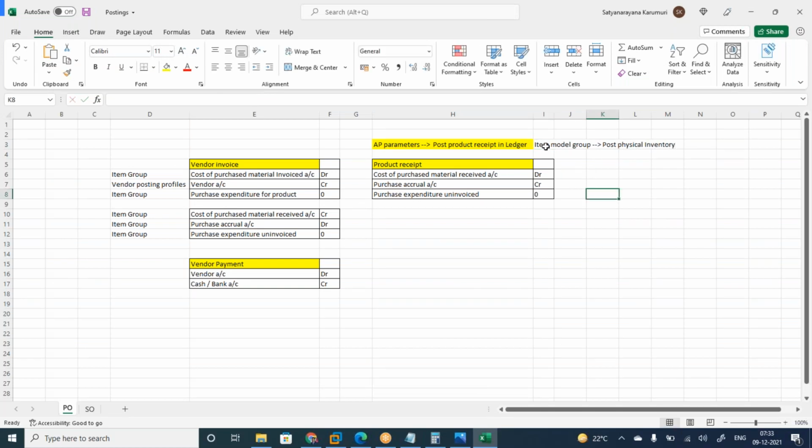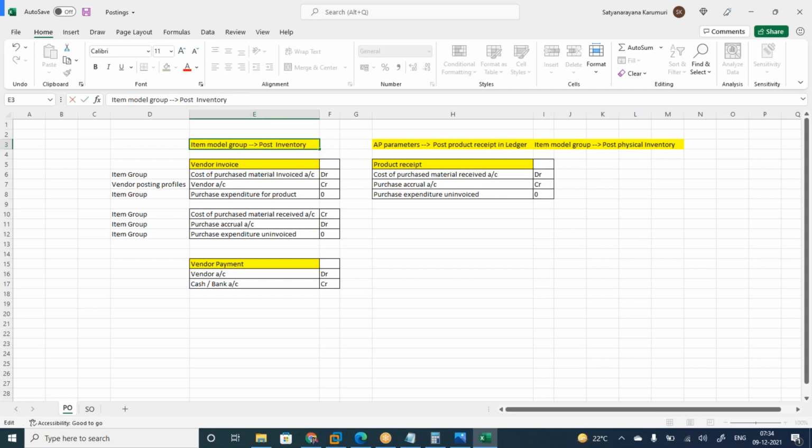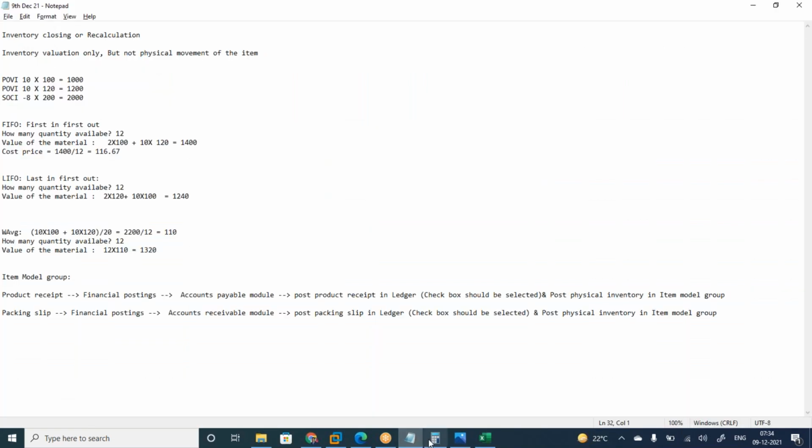This checkbox also should be selected. And if you want financial postings, then post financial inventory. Then only on-hand inventory will be updated. Understood? Any doubt in this?